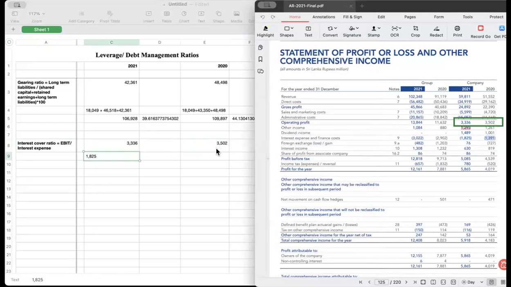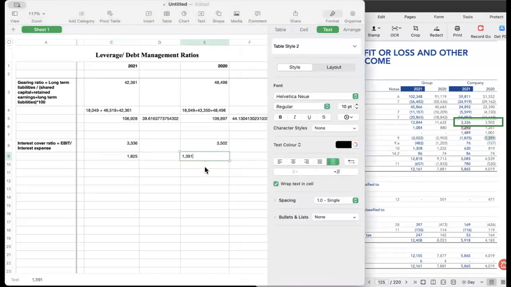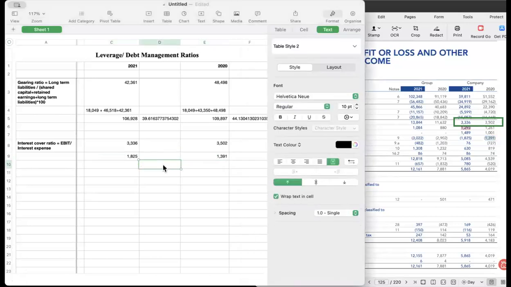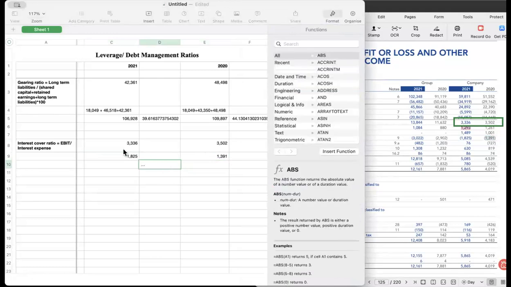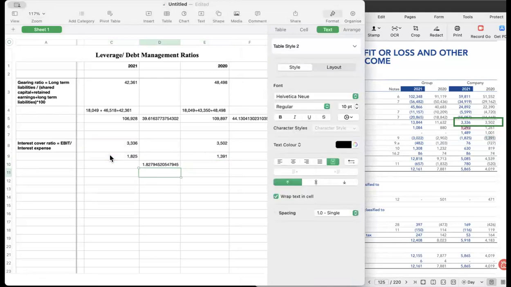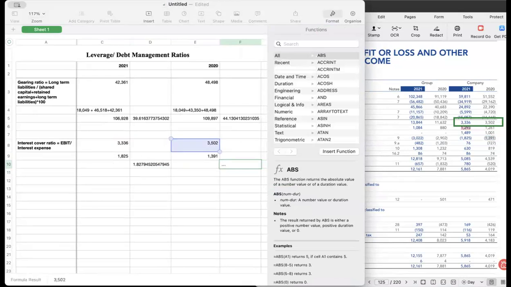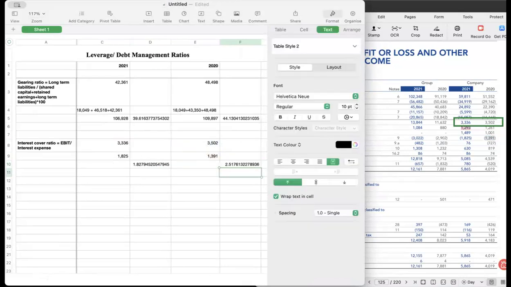It might not give an accurate picture, but it'll be somewhere closer to the accurate picture. I forgot rows. I don't know why. And this one divided by this. That's it.